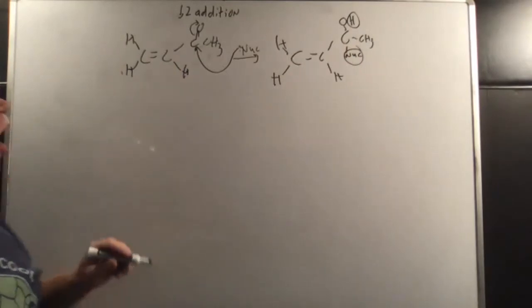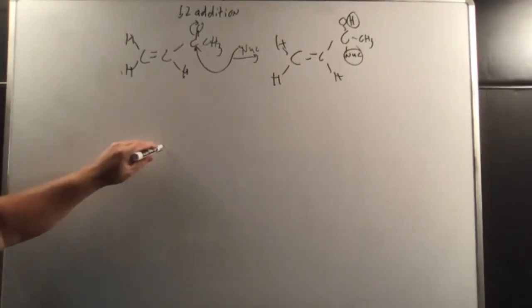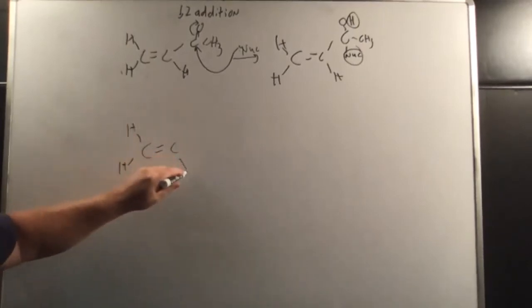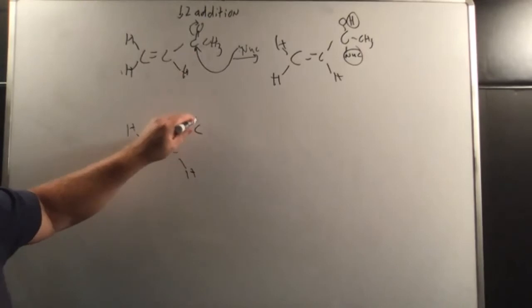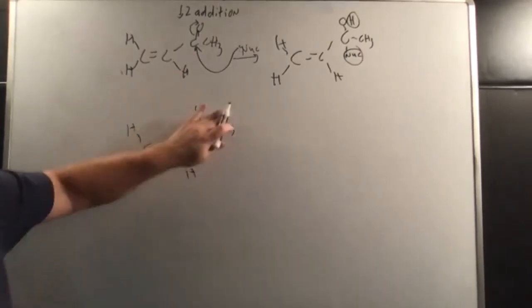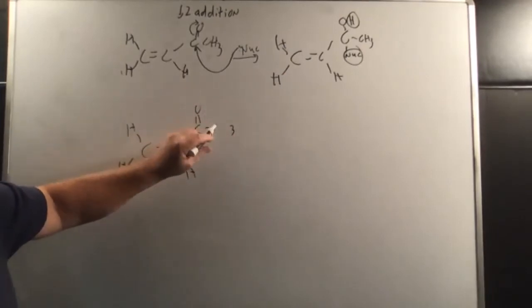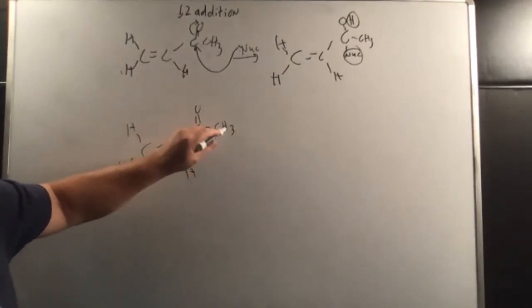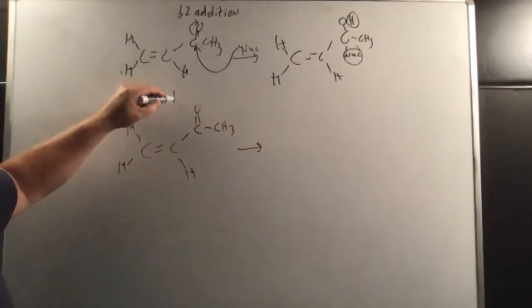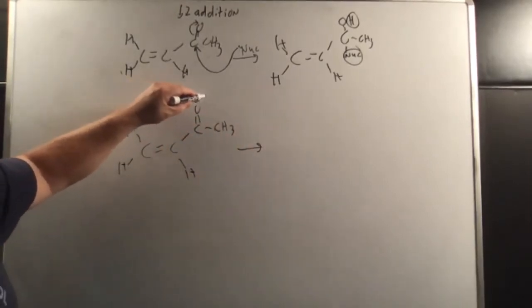But what can also happen in this reaction is, instead of getting a 1,2 attachment, you get what's called a 1,4 attachment. So now let's look at the 1,4 addition.